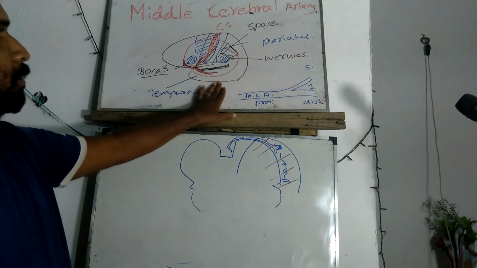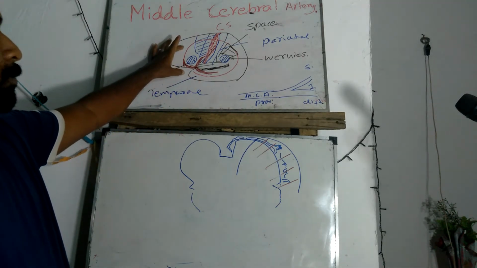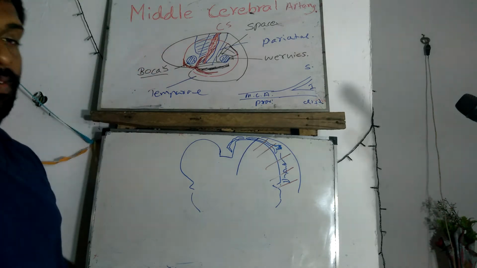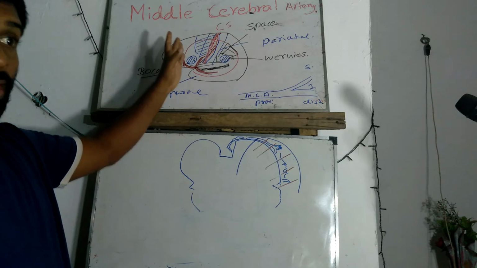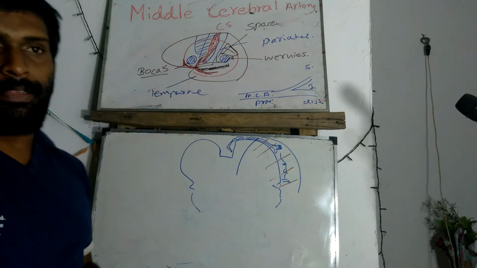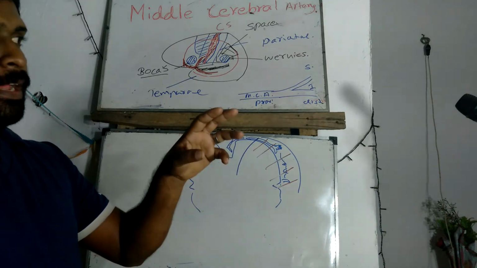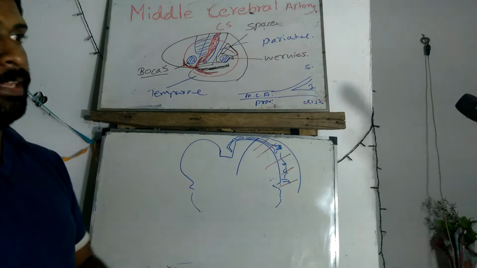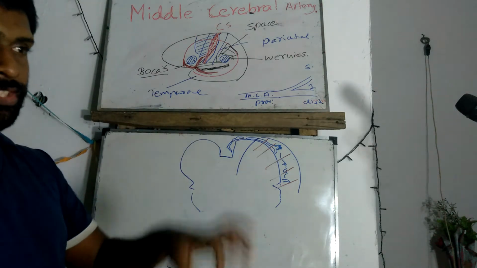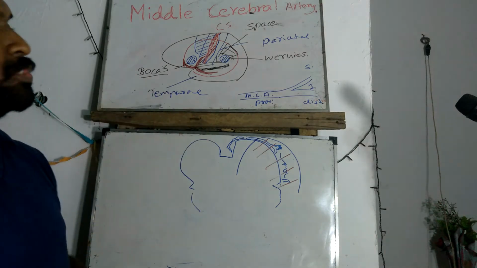Now the most important is the anterior part of the frontal lobe. It has a lot of memory area, intellectual area, judgment area, thinking area, debate area, and cognitive function area.